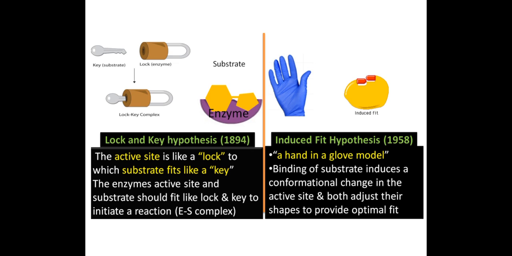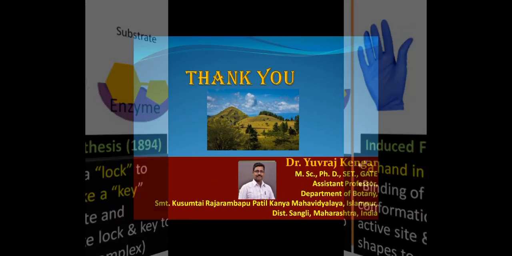The induced fit hypothesis is also called the hand in glove model. In the hand glove model, the binding of a substrate induces conformational changes in the active site, and both adjust their shapes to provide optimal fit. So this is all regarding the lock-key hypothesis and induced fit hypothesis. Thank you very much.